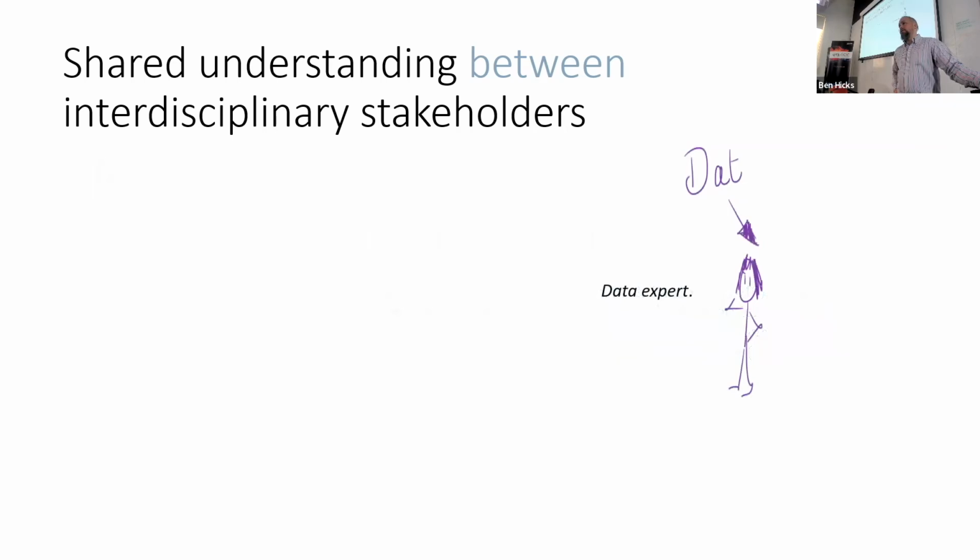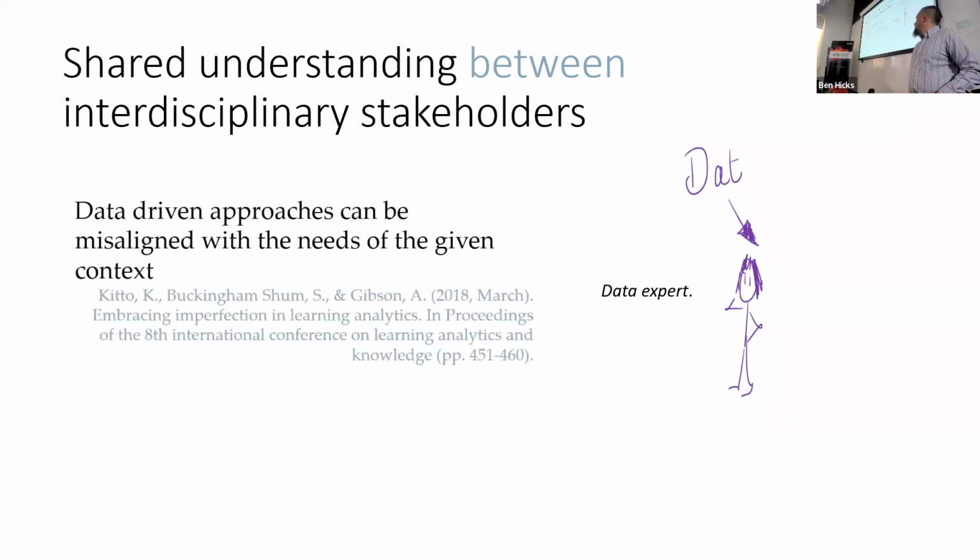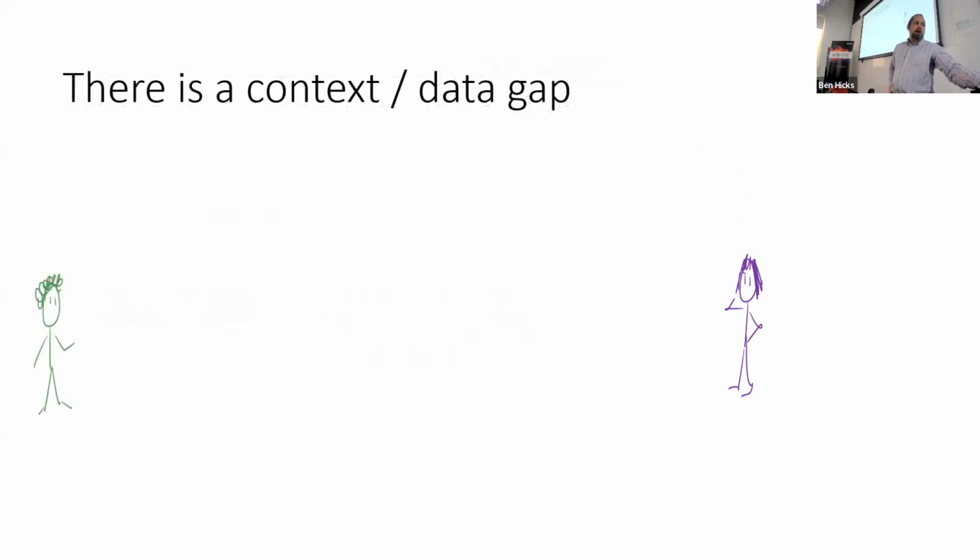On the other side, though, the data expert may not necessarily understand the full context of the learning system that they're trying to analyse. And they may do things like optimise for speed and accuracy, possibly at the expense of making it meaningful for the system that we're trying to intervene in. So this creates a gap between these two ways of thinking.